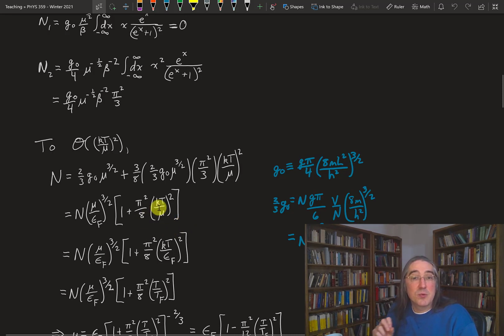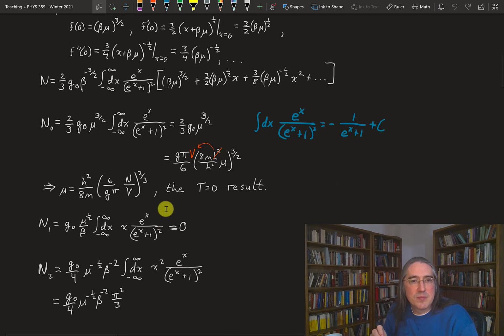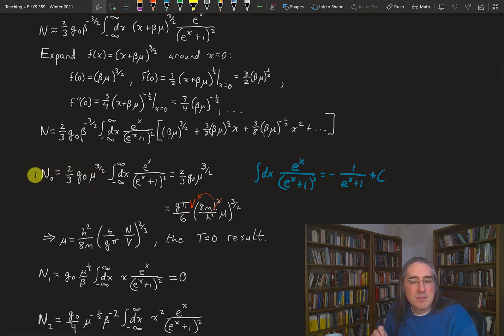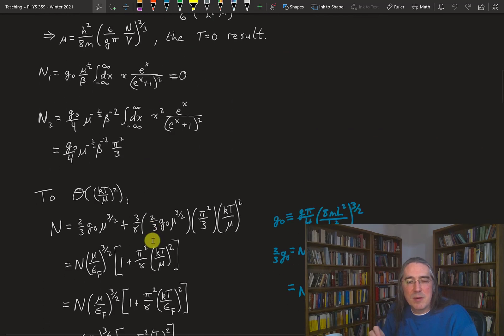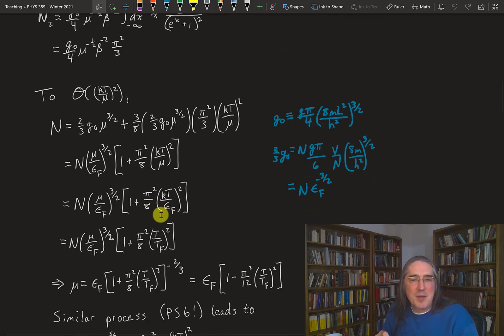Okay, so the point being, I can just replace this with the 0th order chemical potential. And we talked about this up here. We got exactly the result that we'd calculated for the Fermi energy. Another way to say this, though, is by definition, the Fermi energy is the 0th order result. The Fermi energy is the chemical potential at T equals 0.